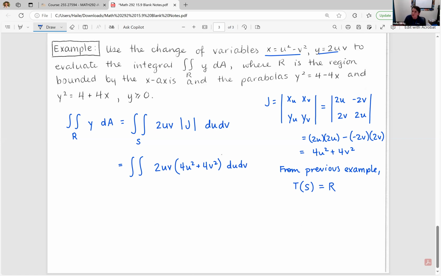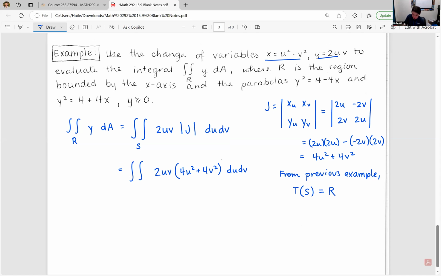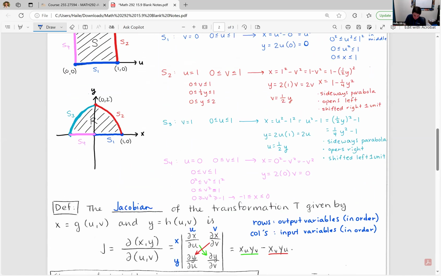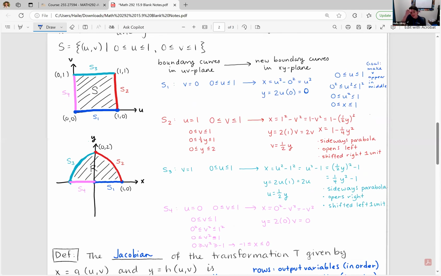So what do we know about S? Well, I think we know how to bound S, and this is why we would want to do a change of variables. If we go back up to that problem where we analyzed the transformation, the region S being a square is much easier to think about bounding than that rounded triangle thing, right?